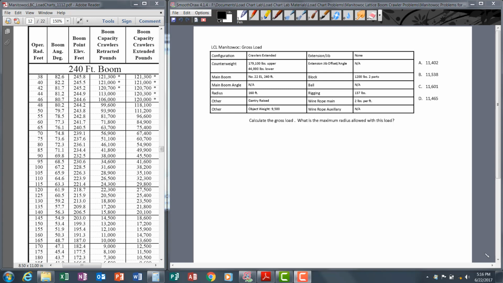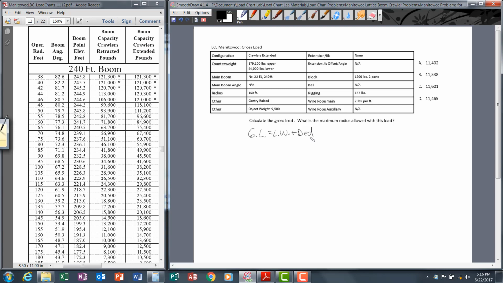Most of the problems you'll see will be net capacity, maximum net load problems, but you probably will see at least one gross load problem. Let me go ahead and show you the formula for gross load. It's very simple. GL for gross load equals load weight, LW, plus deductions.